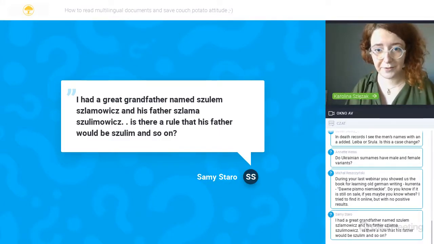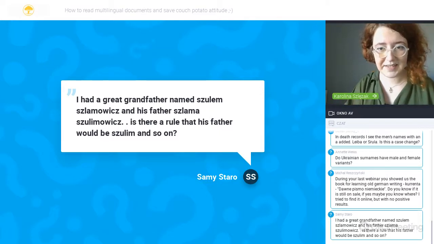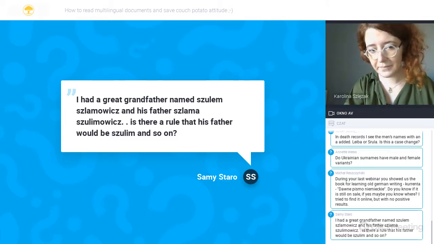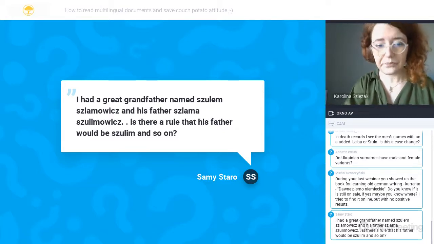This is the patronym from the Russian I discussed. The Szlamowicz form shows us that his father was Szlama, and Szlama Szulimowicz shows us that Szlama's father was Szulim.